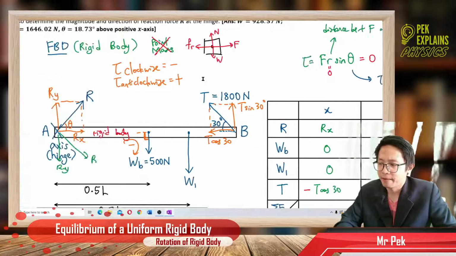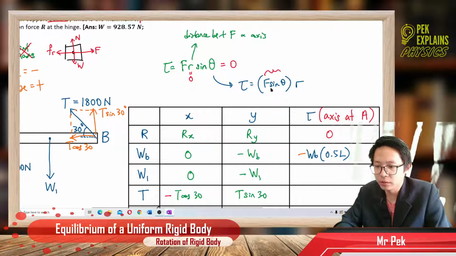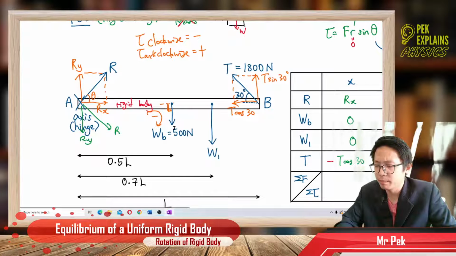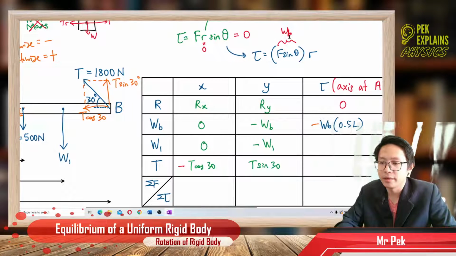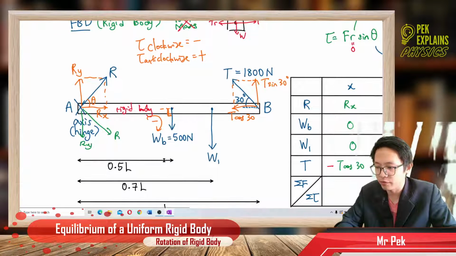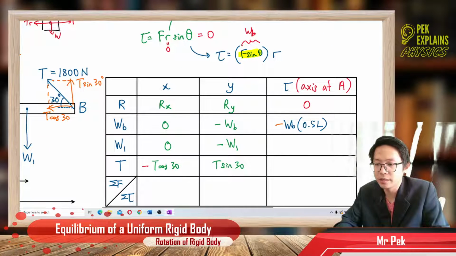So in our case, our F sine theta, the whole thing, is the weight of B. The weight of B is already perpendicular to the rod. So our F sine theta is WB, and our distance r is 0.5 L.